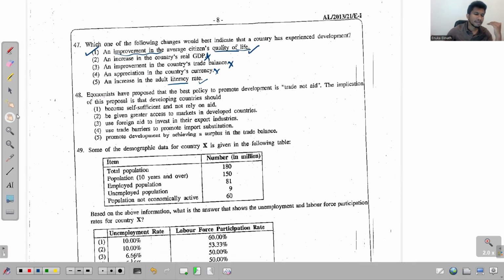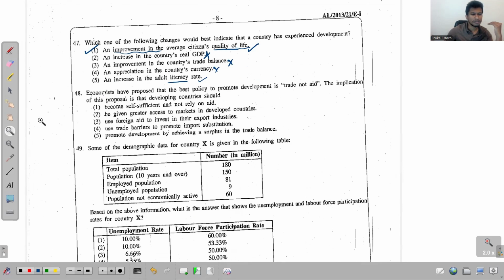Right. Then this 48th question, economists have proposed that the best policy to promote development is trade, not aid. The implication of this proposal is that developing countries should. Okay, so this is the idea behind this slogan.